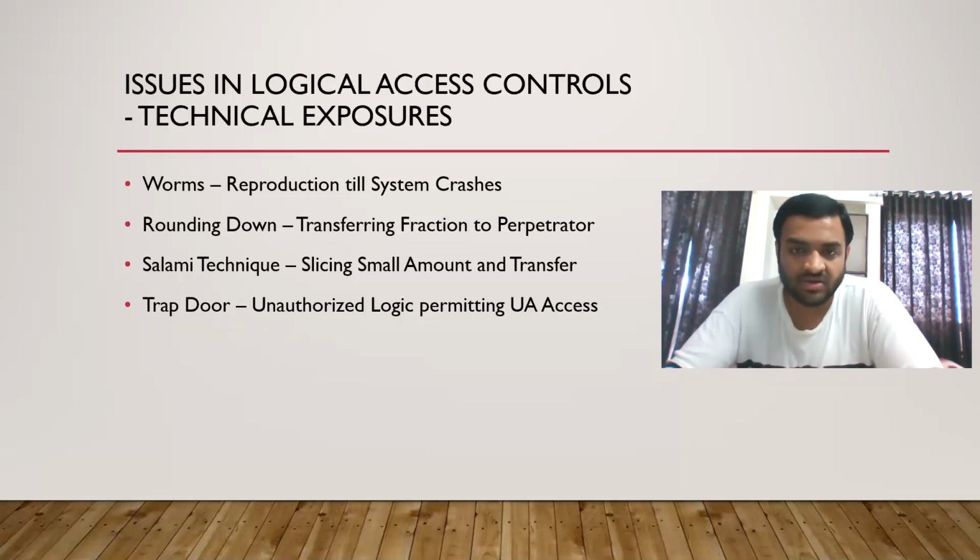Once he psychs him out, the security guard will forget his procedure of entry and identification. So that question he asked to psych him out, that is what is unauthorized logic. Using this unauthorized logic, the hacker will gain access to the system. So that is a trapdoor.